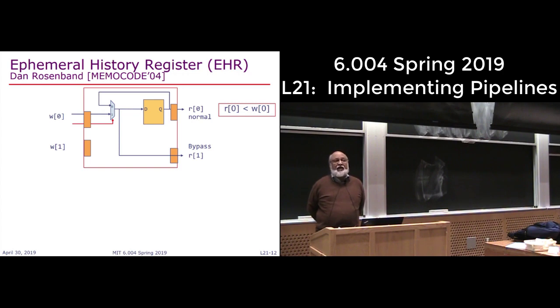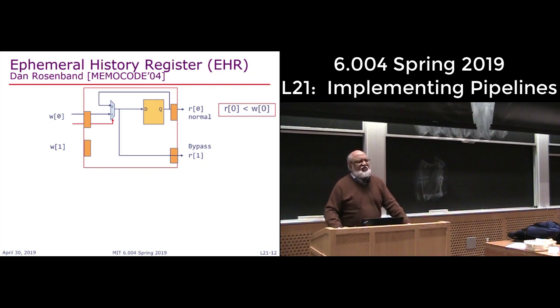I have created a bypass from input to output. This is a combinational path, right? This did not exist in your original register. In the original register, you had to go through this yellow body, the D flip-flop inside it. But now there is a combinational path along this bypass that you are seeing. Everybody understands this? Such a register is trivial to build.